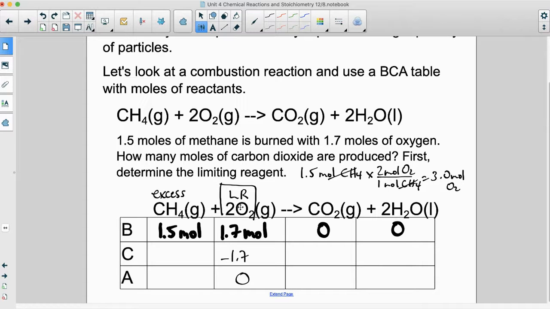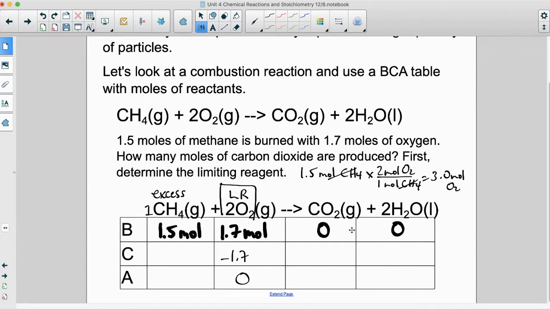Now let's look at the coefficients of these things here. So here, the ratio is 1 to 2 for methane to oxygen. We want to change this 1.7 into the methane that reacts.